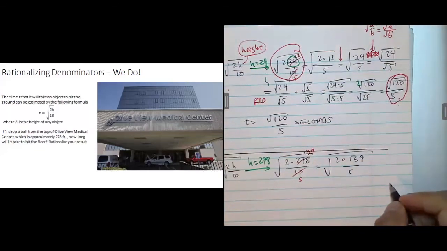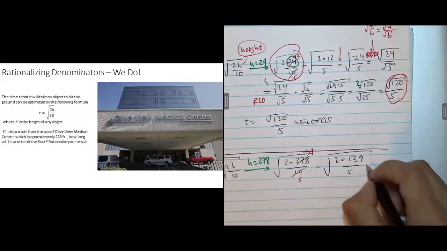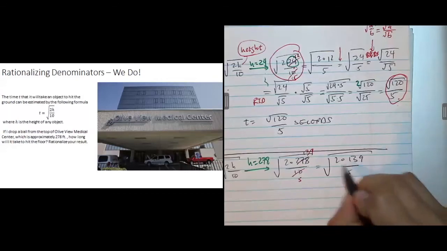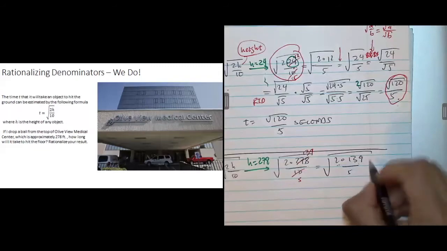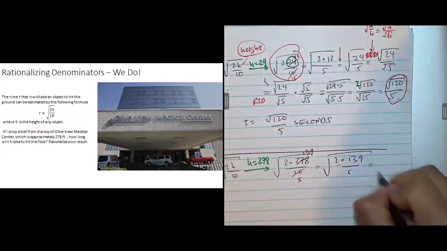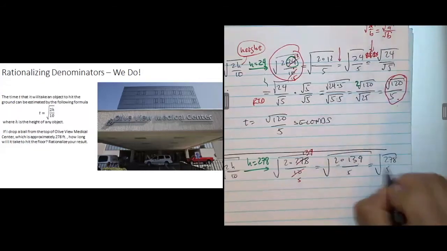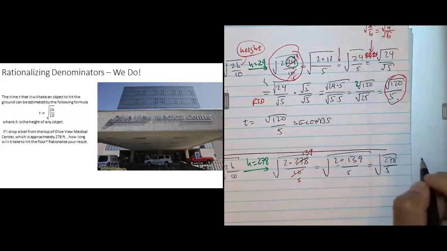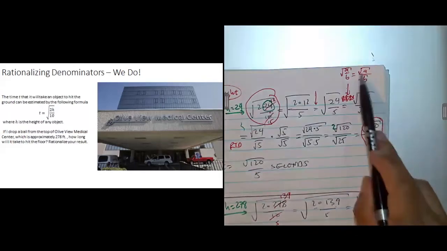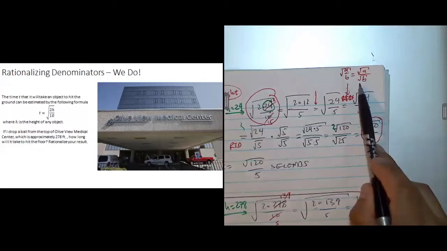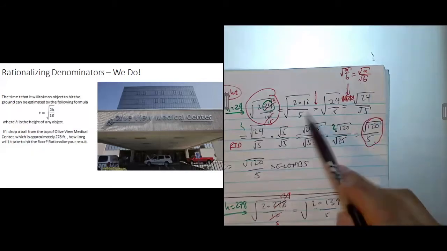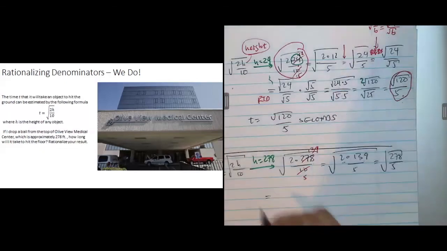Very similar to the last problem. So let's multiply this out. This gives me 5 and 278. And now we can use the rule that we used for the last problem.